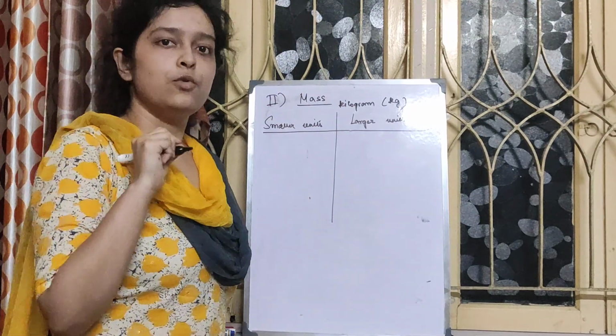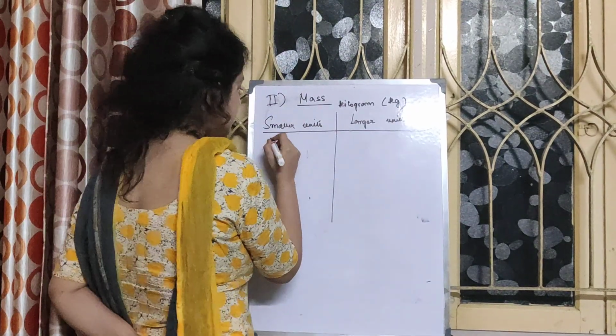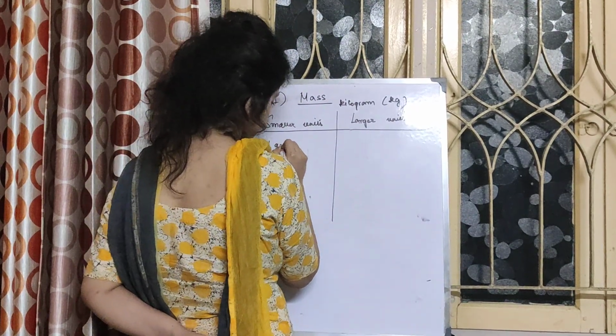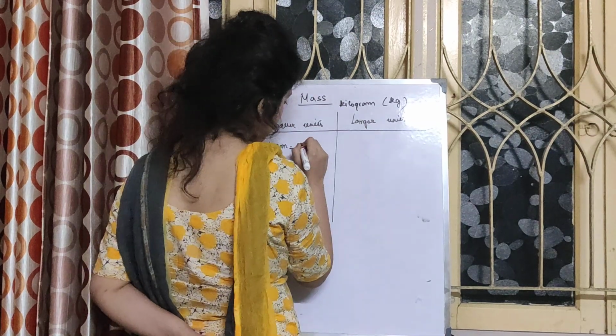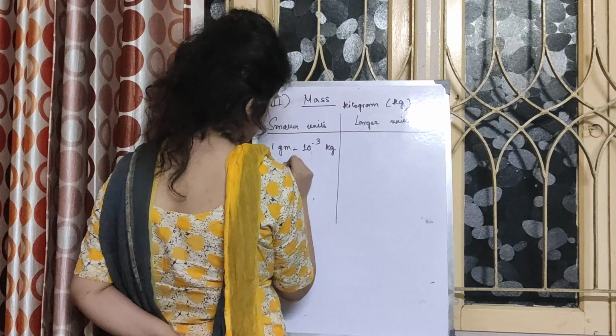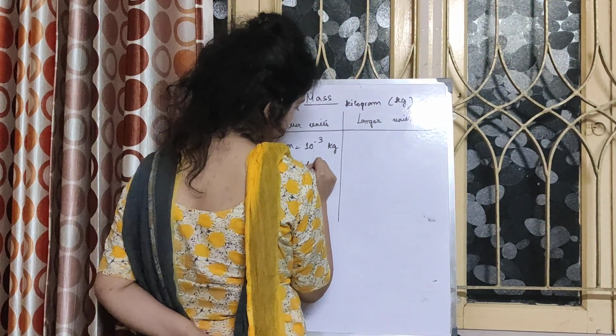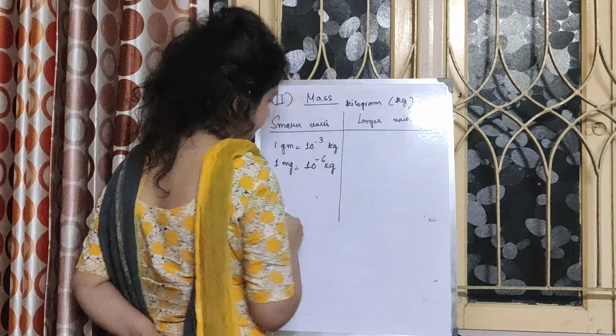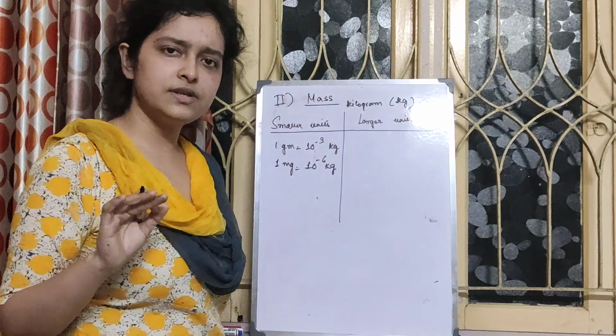Here also we have smaller units, for example kilogram, gram, milligram. These are all smaller units.